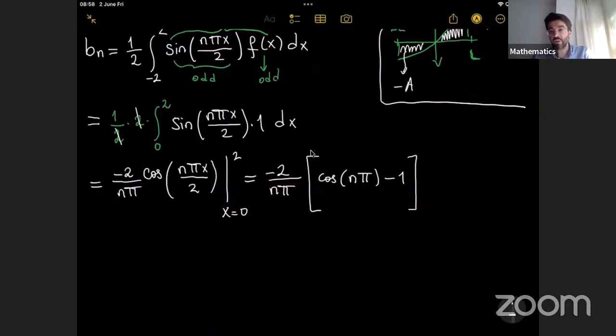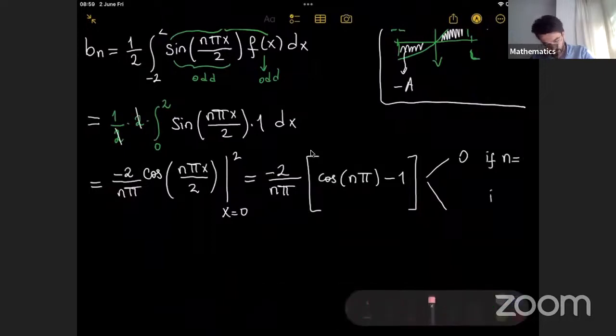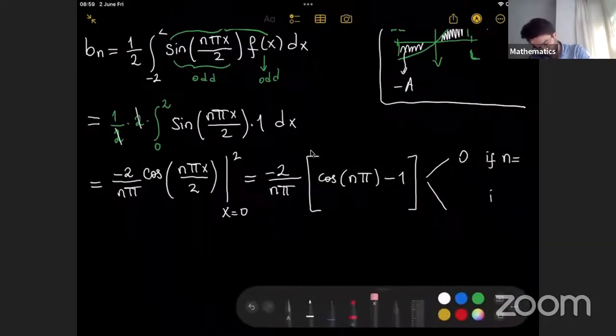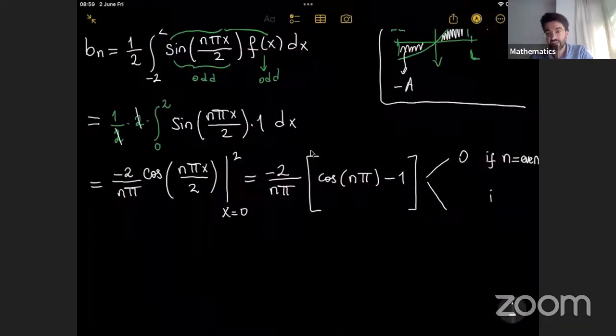Depending on whether n is even or odd, you will get either 0 or minus 2 for the bracket here. So if n is even, you will get 0, an even number like 0, 2, 4, 6, and so on.